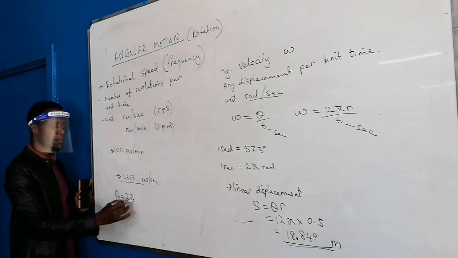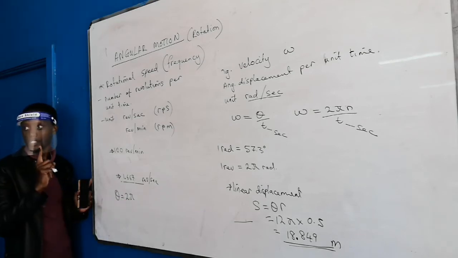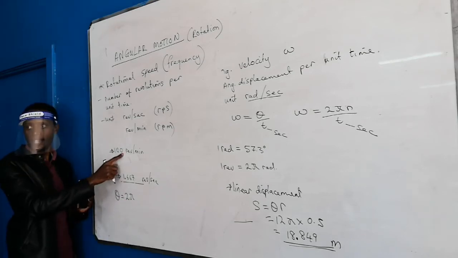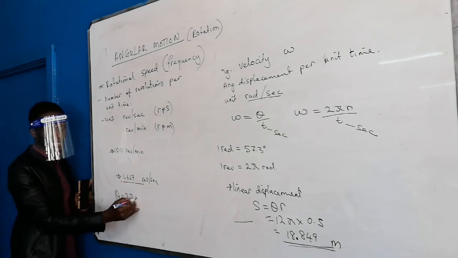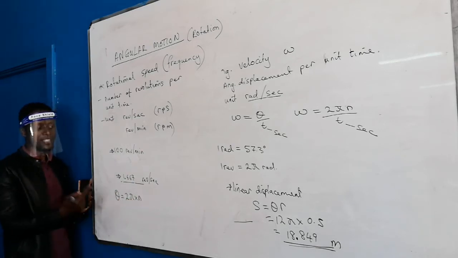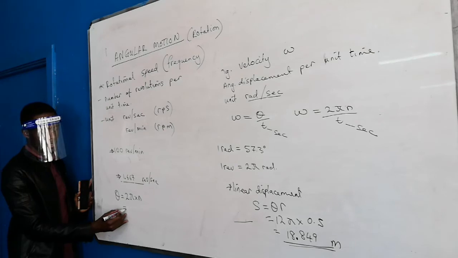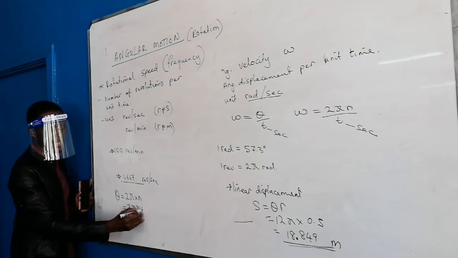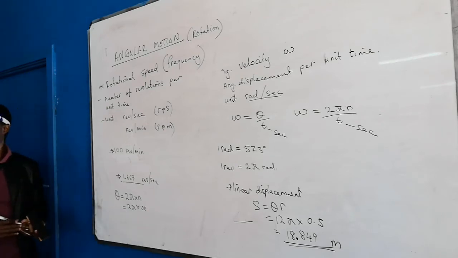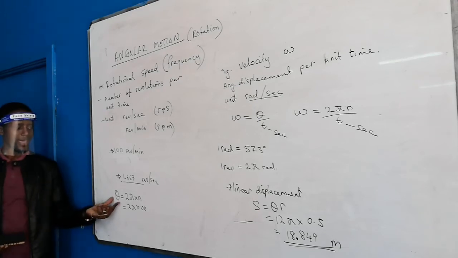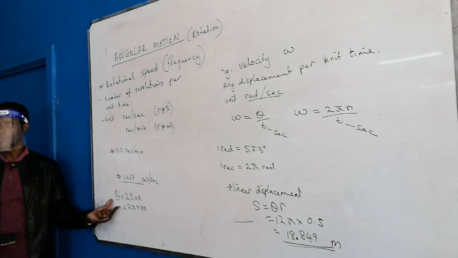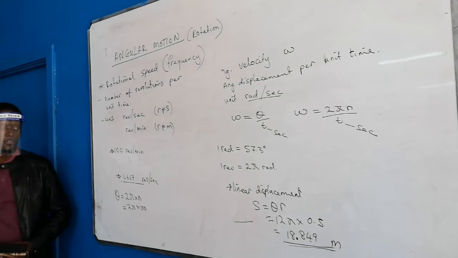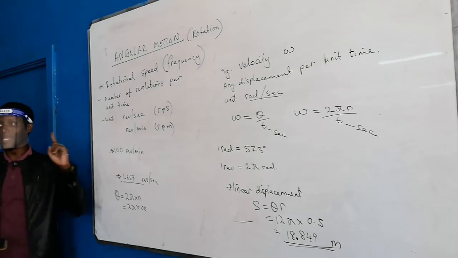It has made 2 pi for 1 revolution, isn't it? Times 100. Remember what we said? Times n. So if it has made 100, this will be 2 pi times 100. That will be how many angles it has made. Then we calculate the final answer. That is after 1 minute.